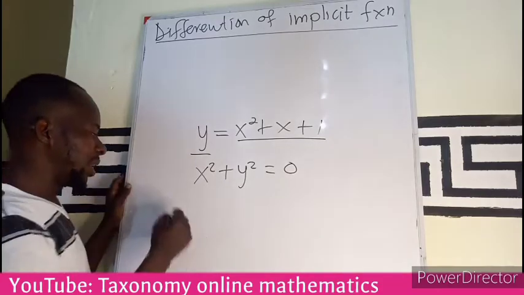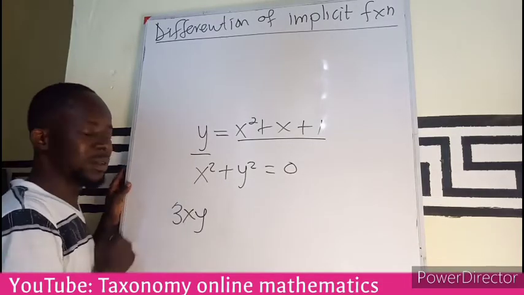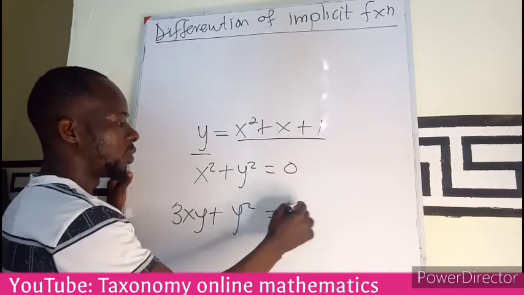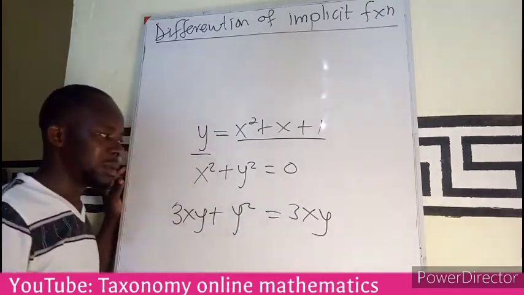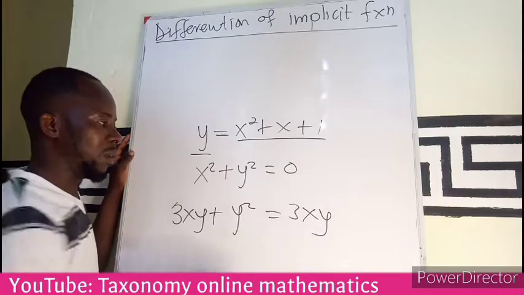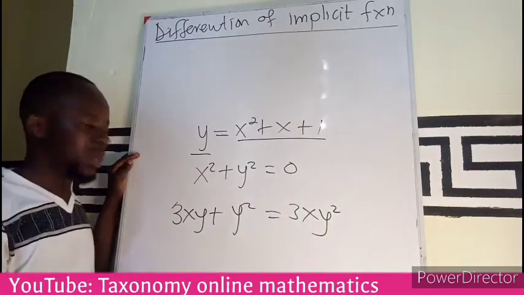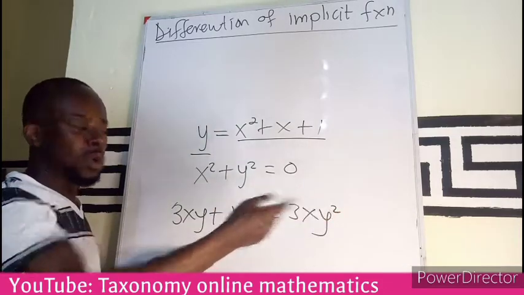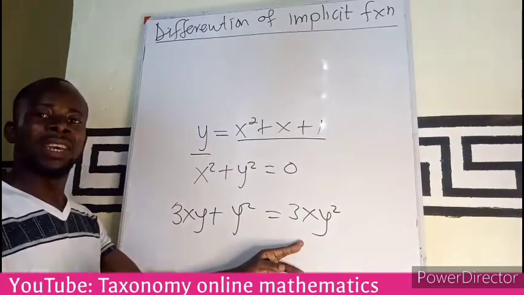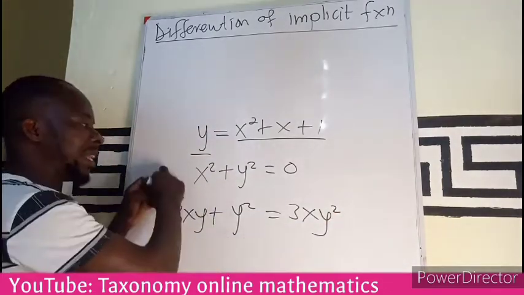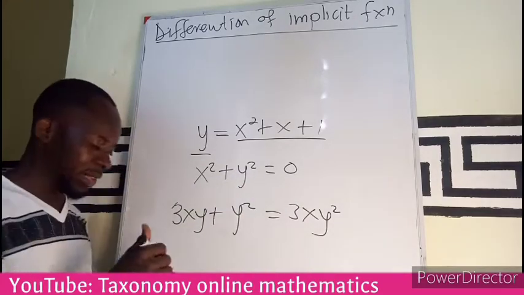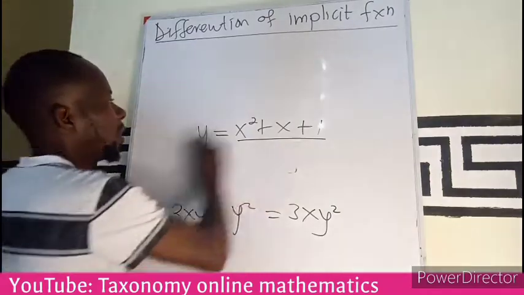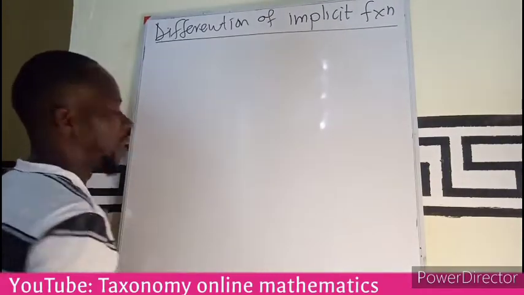It could also be, let's say, 3xy plus y squared equals something. Since I cannot express y in terms of x, or x in terms of y, I can say that this function is an implicit function.